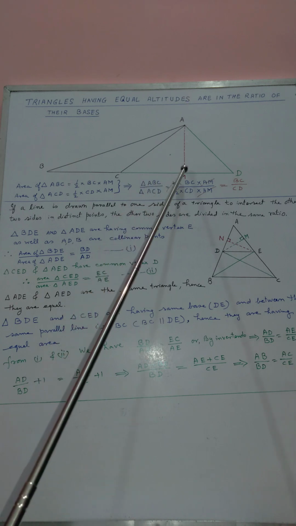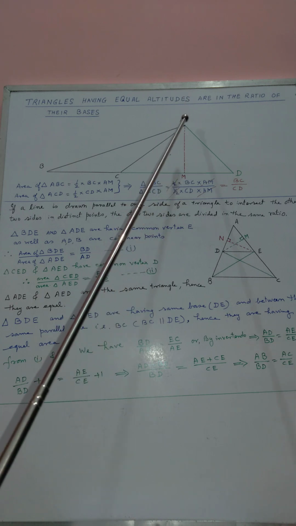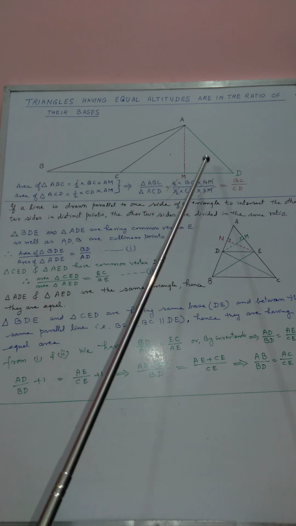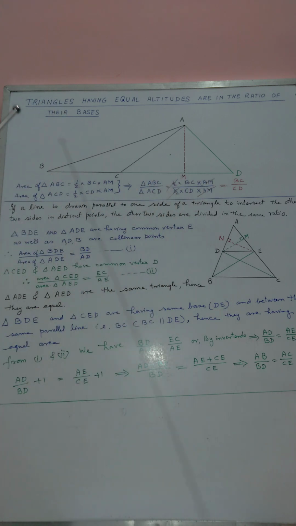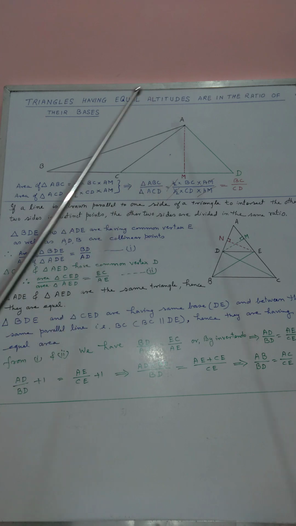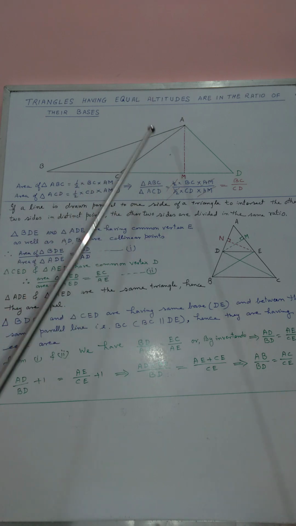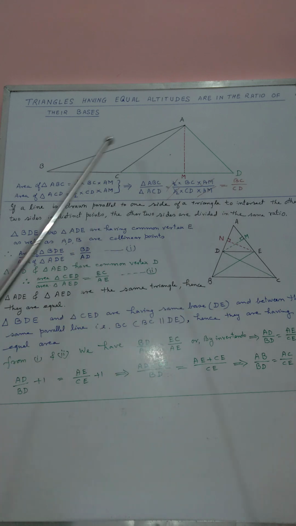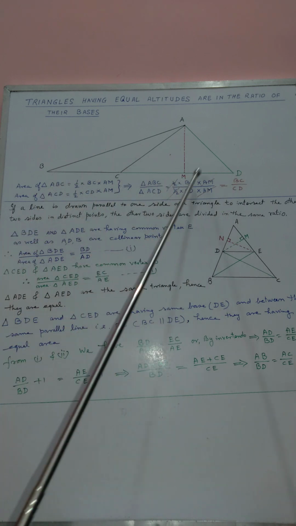AM is the perpendicular drawn from the vertex A to BCD. So we have to prove that the areas of ABC and ACD will be in the ratio of their bases, means BC upon CD.